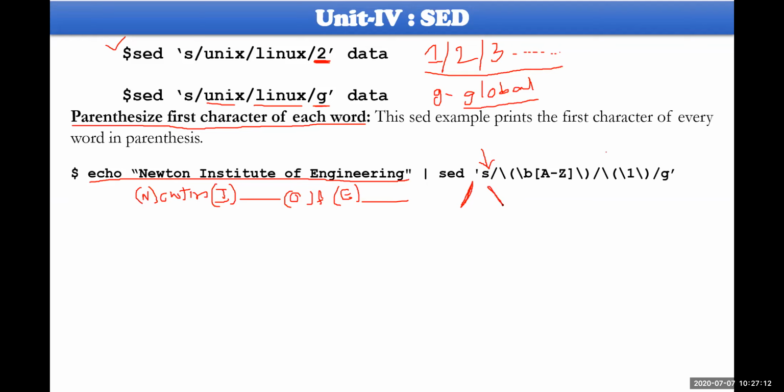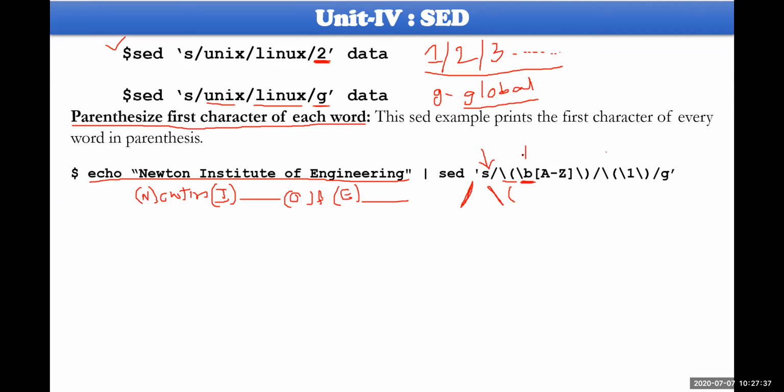Backslash is always used to specify the escape sequence. So here also the same escape sequence is being identified. So backslash open brace, you have to put an open brace here, and backslash B for every occurrence of, that is the meaning, every occurrence of the beginning of the word.